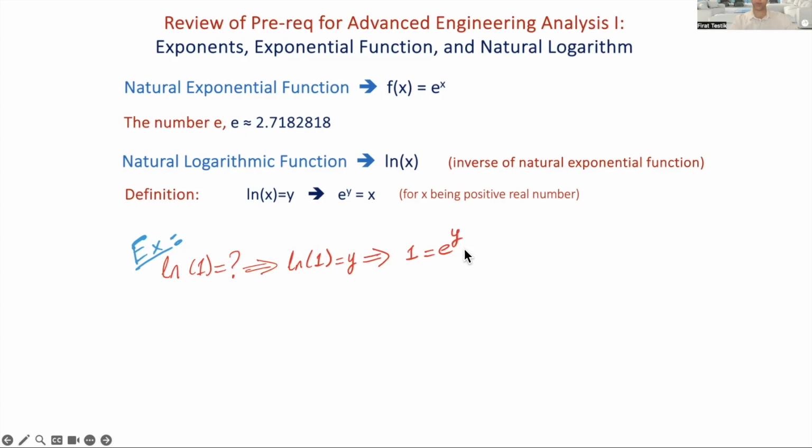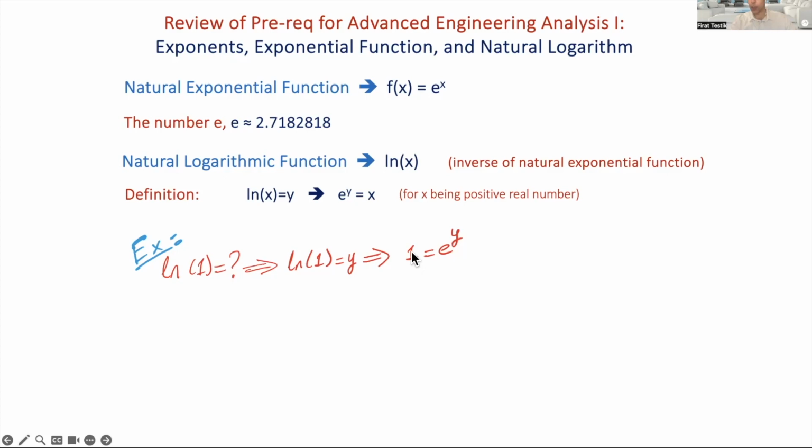And we have learned in the previous video that from the properties of exponents, any positive real number to the power 0 equals 1. This includes the number e. So the number e to the power 0 is also equal to 1.